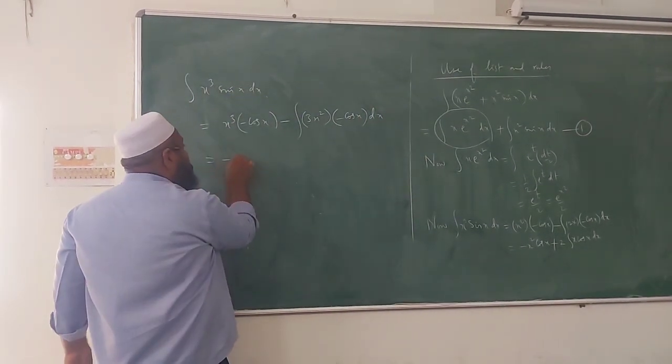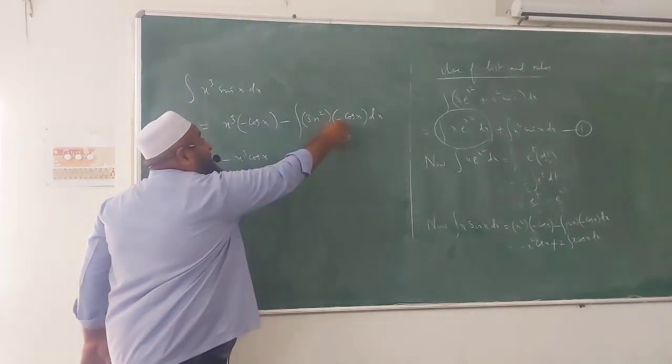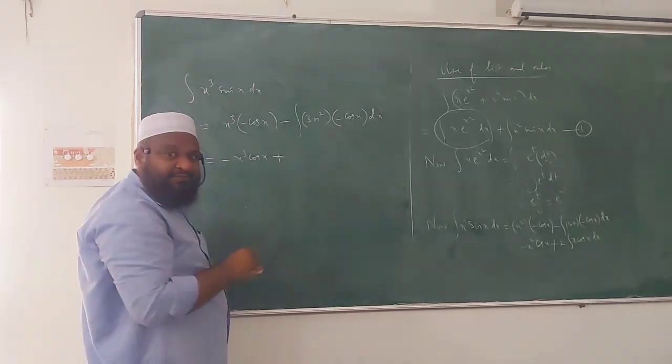Now minus x cube cos x, not a issue, that is good. This minus into minus becomes plus. 3 is outside. Integrate with x square cos x dx.